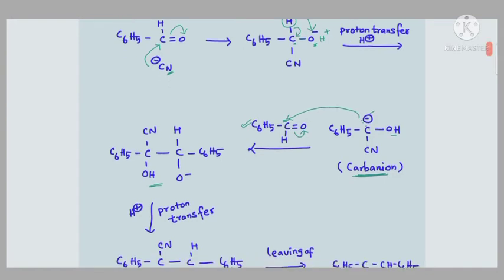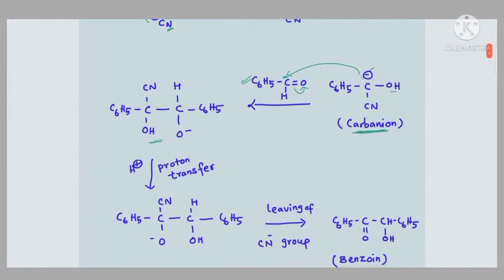Okay, right. Now one more proton transfer occurs, between these two species. The hydrogen present in this OH group will be transferred to this O minus group as a proton.